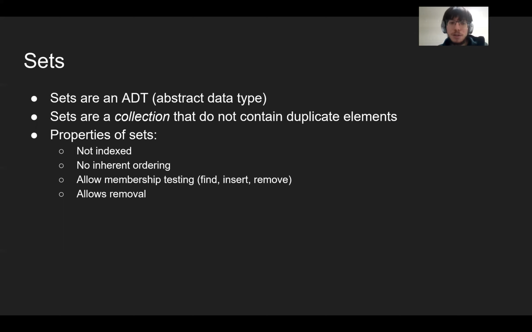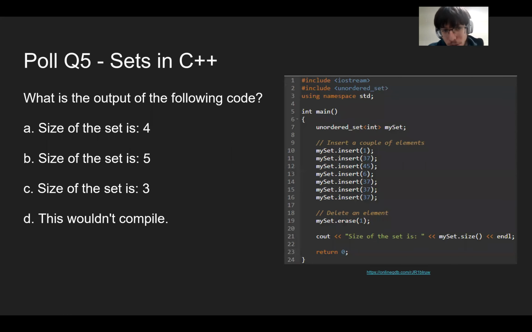They allow membership testing, so find, insert, and remove. A lot of what sets implement is very closely related to hash tables, where there's no indexing or ordering, and you can remove, insert, and find. Now we can talk a little more about them.